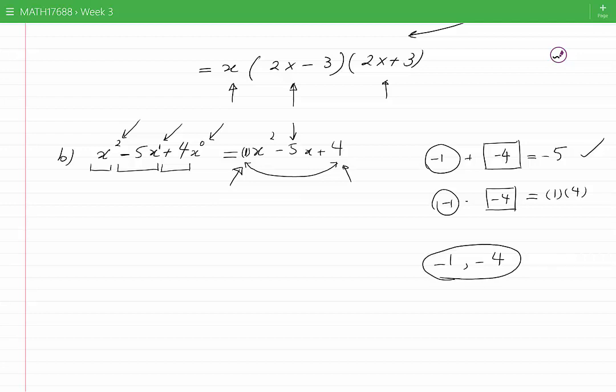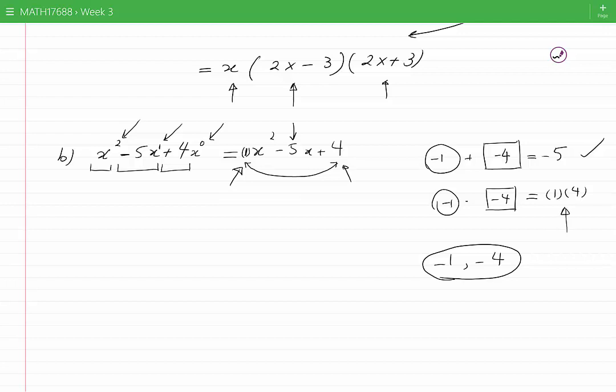In case we could not come up with these numbers by guessing, there is a procedure which would work for small numbers, small coefficients, such as in our problem, where we have 1, -5, 4. You would first look at the product, 4 times 1.